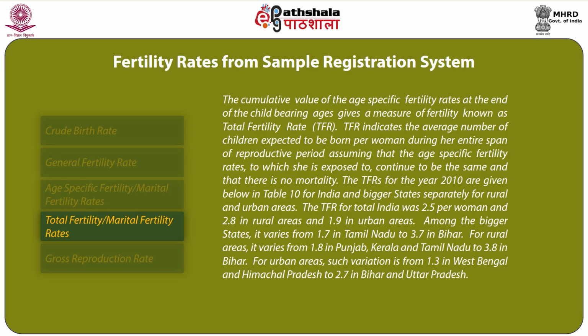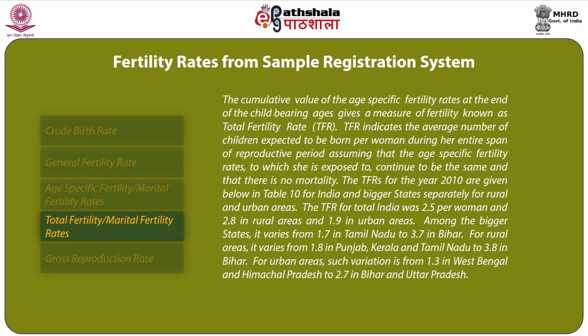TFR indicates the average number of children expected to be born per woman during her entire reproductive period, assuming that the age-specific fertility rates to which she is exposed continue to be the same and that there is no mortality. The TFRs for the year 2010 are given in the table for India and bigger states, separately for rural and urban areas.